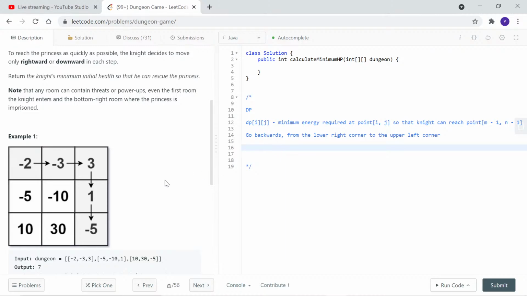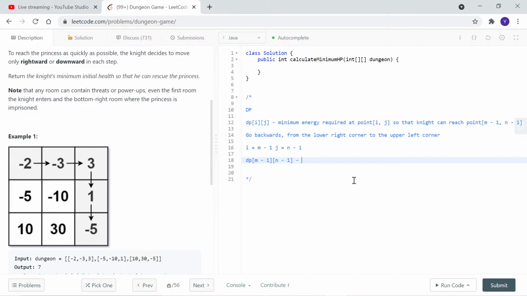So firstly, let's look at the last cell, when i is m-1 and j is n-1. What is the required energy there? It's dp[m-1][n-1].